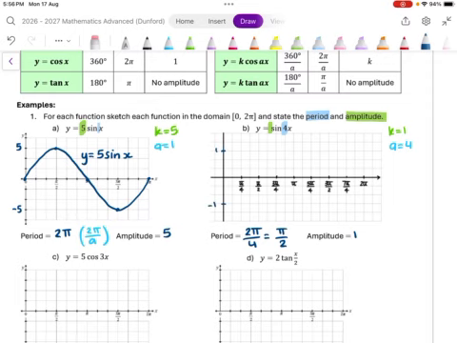What this a value also tells us is how many repeats. So our function is repeated 4 times. What that means is we're sketching sine, it starts at 0.